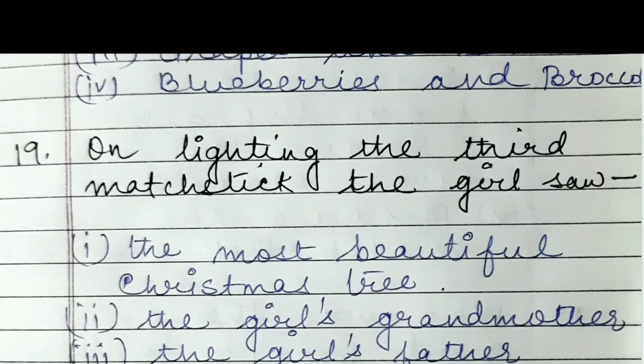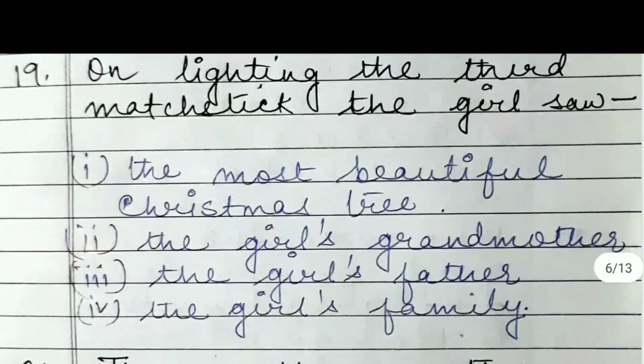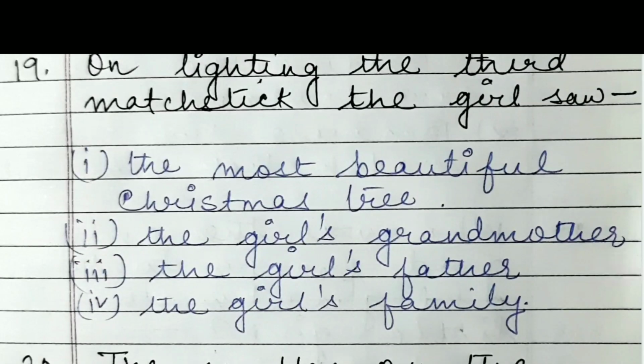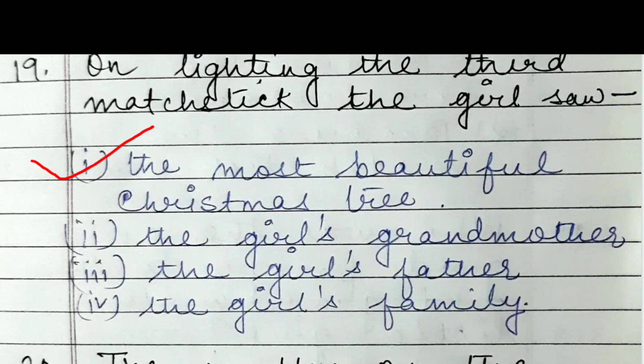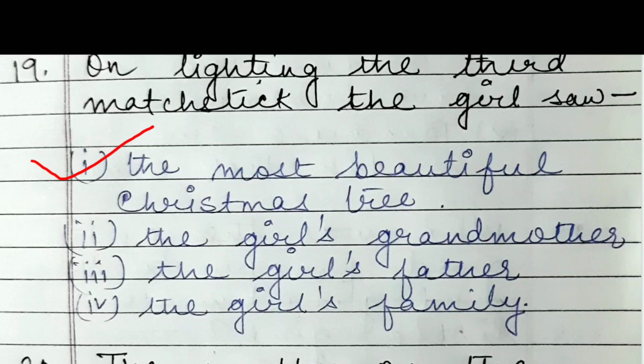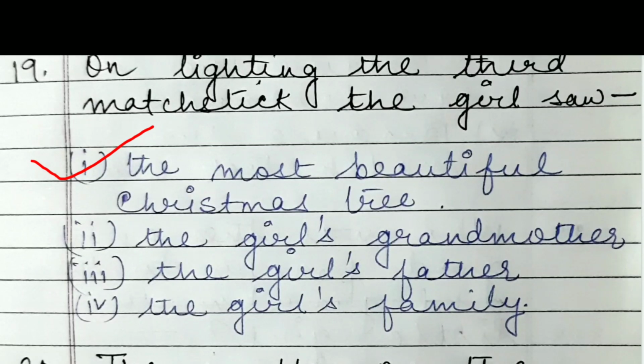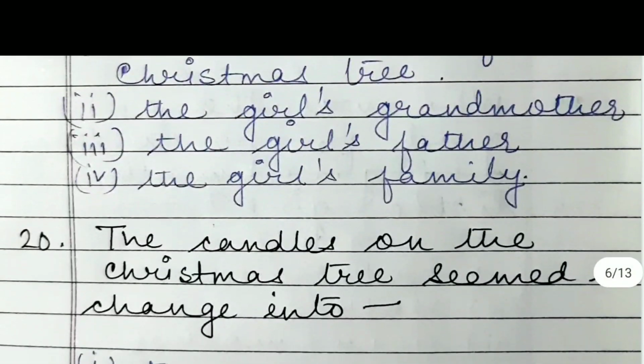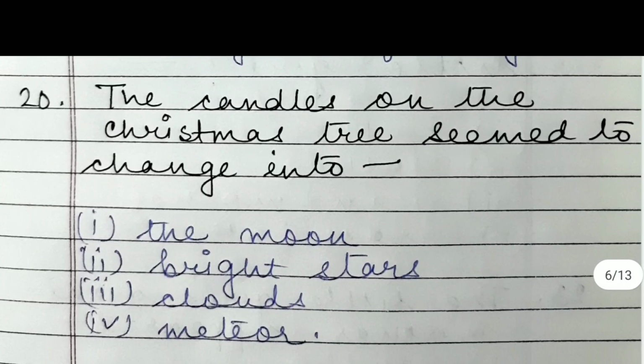Option 3, the girl's father. Option 4, the girl's family. And the right answer is option 1, the most beautiful Christmas tree. So the third matchstick made her visualize the most beautiful Christmas tree, or the best Christmas tree she had ever witnessed. Moving on to the next question, question number 20.